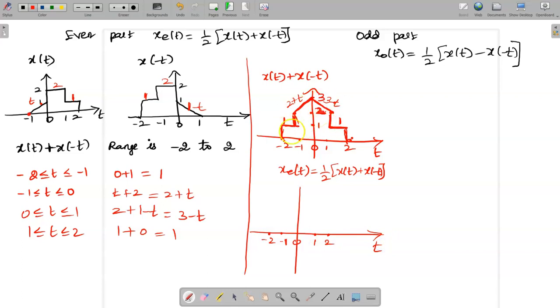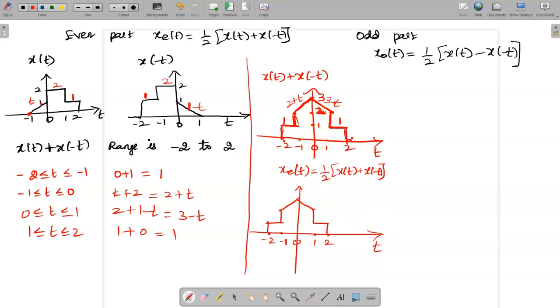Anyway, the structure will be the same. It is increasing and then increasing slope again like this. So draw the structure similar to the previous signal.